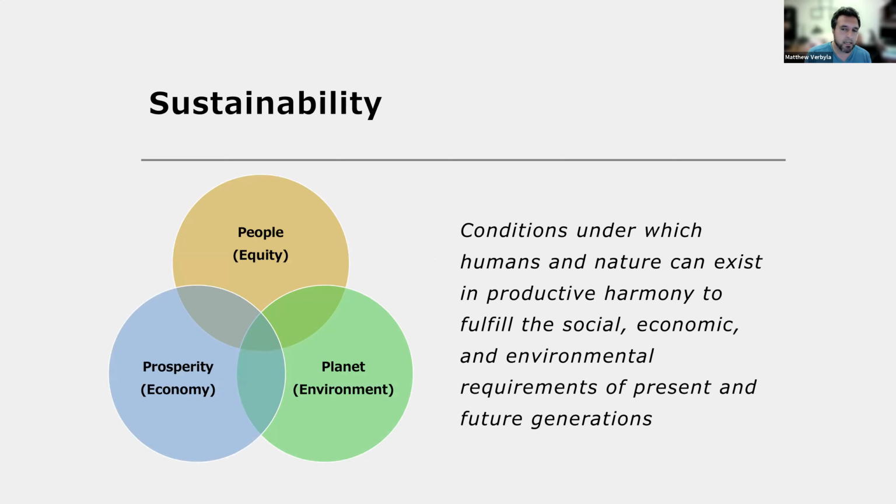So sustainability is thought of as the conditions under which humans and nature can exist in productive harmony to fulfill social, economic, and environmental requirements of present and future generations. Right, so if we look at this as like a Venn diagram, sustainability would sit at the middle of these 3 circles.